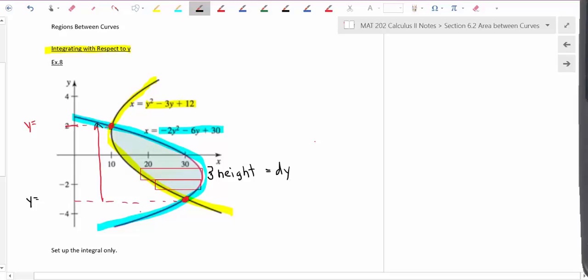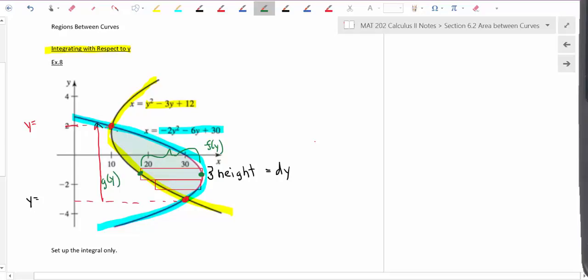For the base, I'm going to use the difference between two x values. I'm going to take this x value, represented by f of y, this first function right here, and then subtract the x value of the second function, which we'll call g of y.